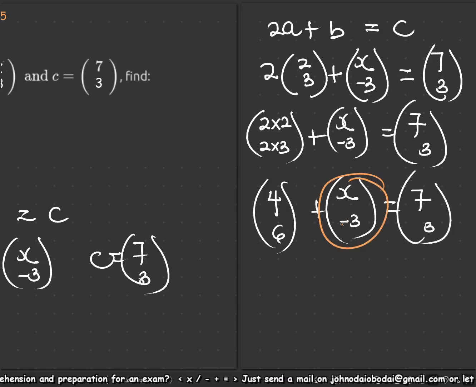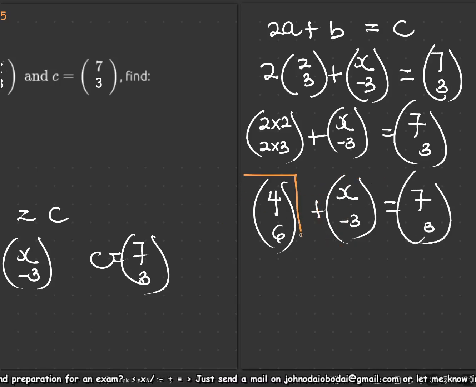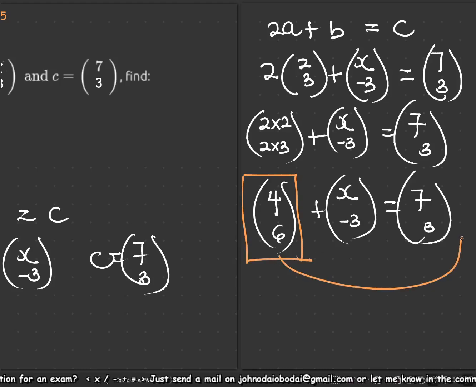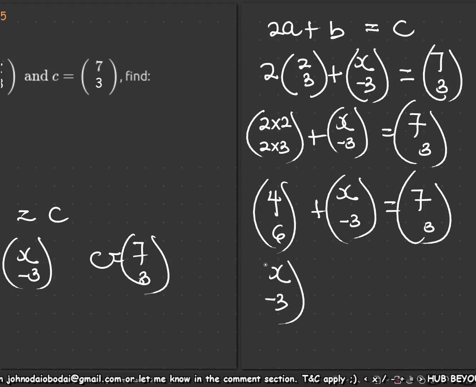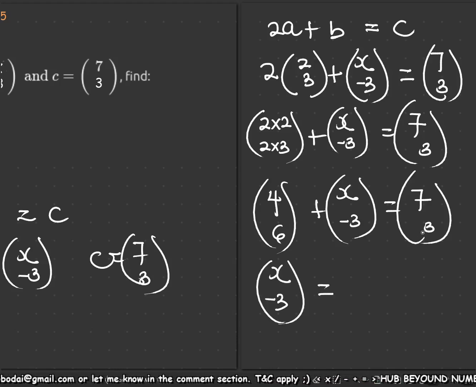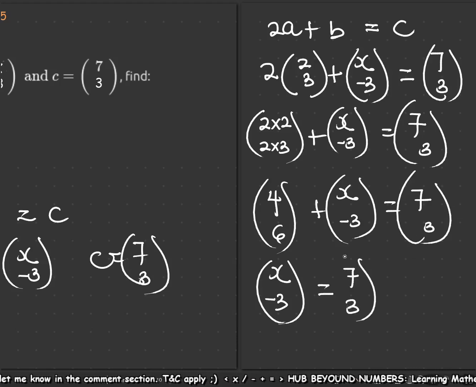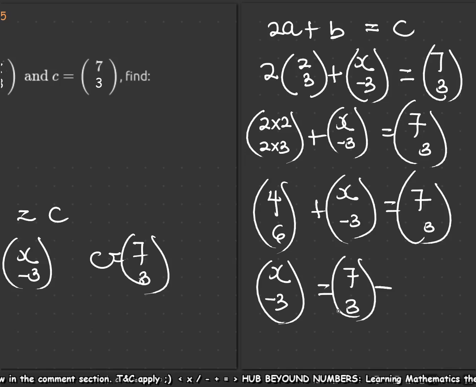This particular vector is where we have our x. So we can take all of this over here and move it to the right hand side. We rewrite this so that we have (x, negative 3) is equal to (7, 3), minus (4, 6), because this vector is going to the other side.